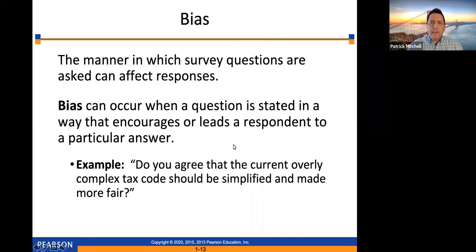And I see this all the time. We're coming up on an election as I record this, and sometimes candidates will send out surveys, and really I don't think they're all that interested in the survey results. They're just using them as a way to collect money. And the questions in these surveys are so ridiculously biased. A candidate will send out an email with a survey: what do you think of this person's job performance so far?